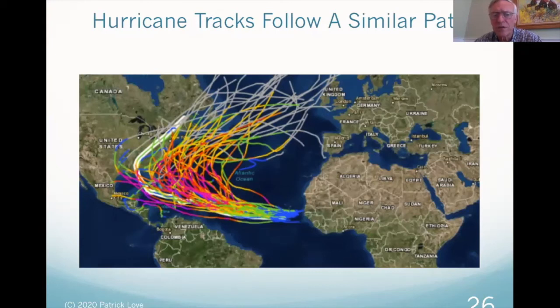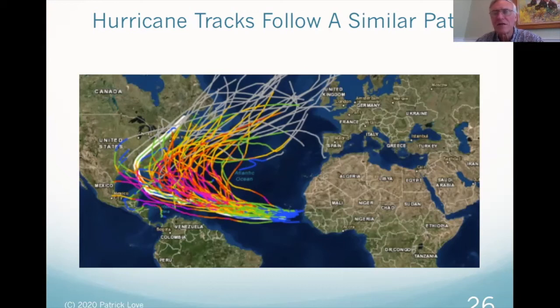These are the paths of hurricanes. They form on the equator in the Atlantic Ocean. They head west on the easterlies. It's hard to say that. And as they start heading up, they end up running into the Ferrel cell and turn back towards the east, being driven by the westerlies.